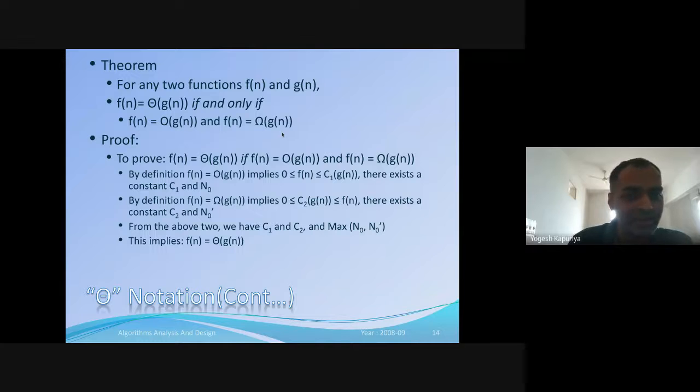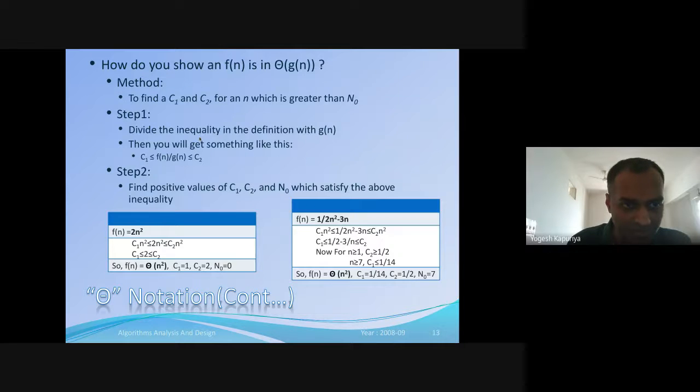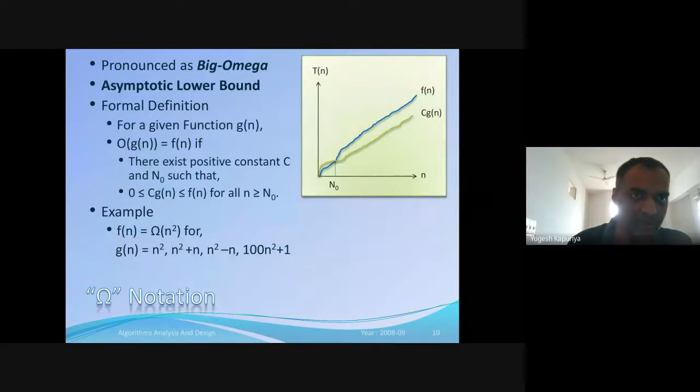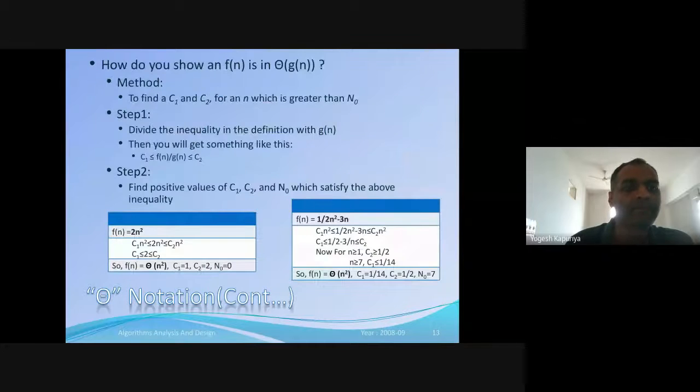Now, the proof, I told you, is relatively easy. You just need to see the definitions of all this.